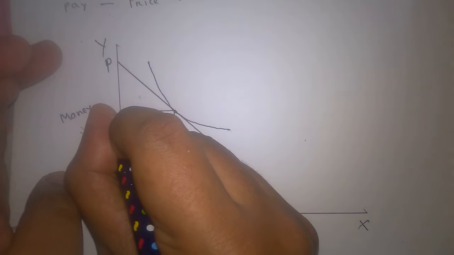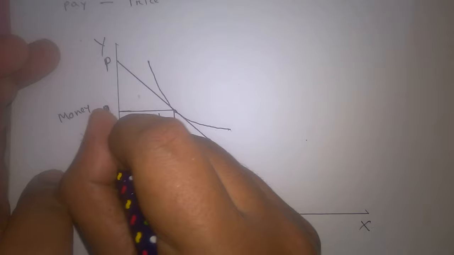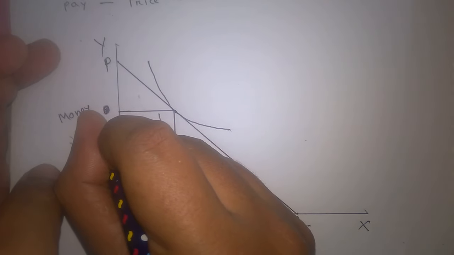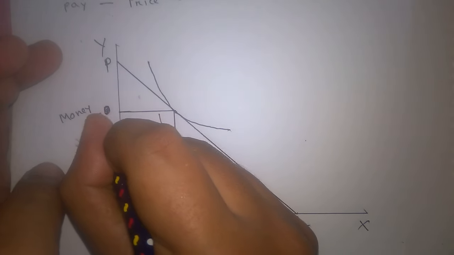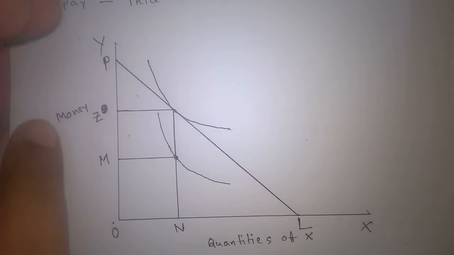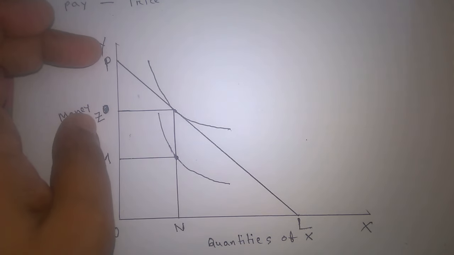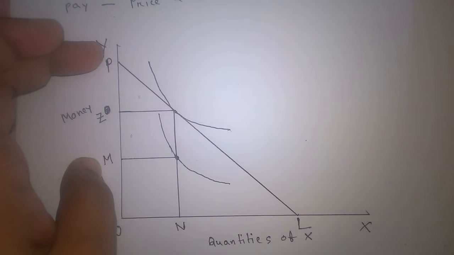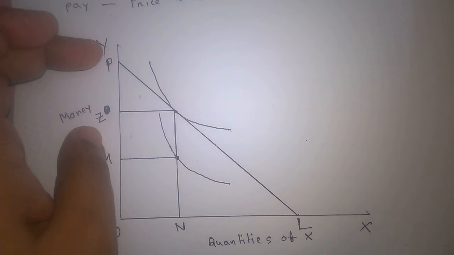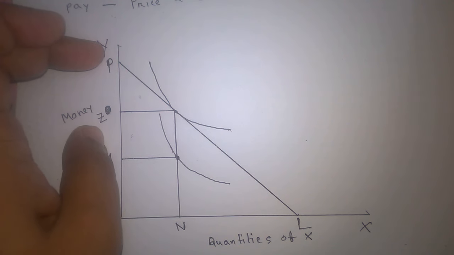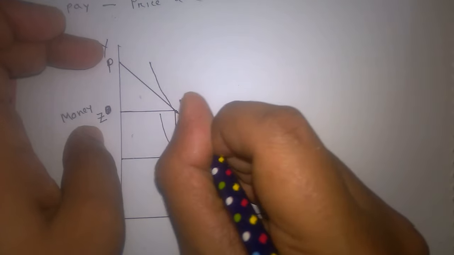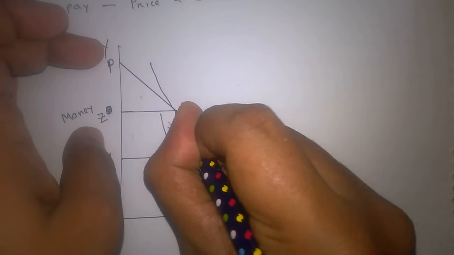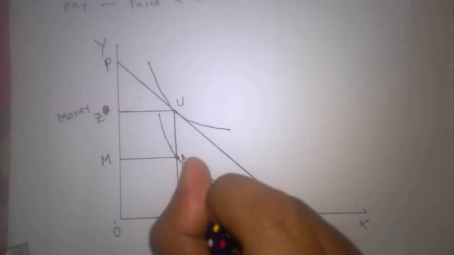Okay, this is Z, it doesn't matter. So you can see that you thought the product would cost PM amount of money, but now it costs only PZ. So this is the point you are choosing. I can put values like U, and this is V.